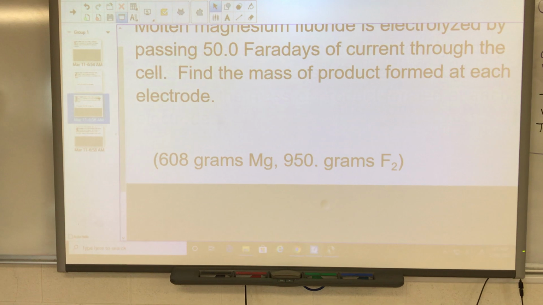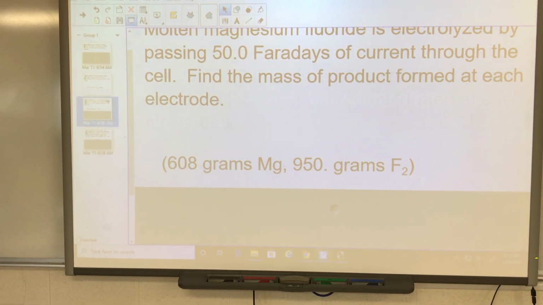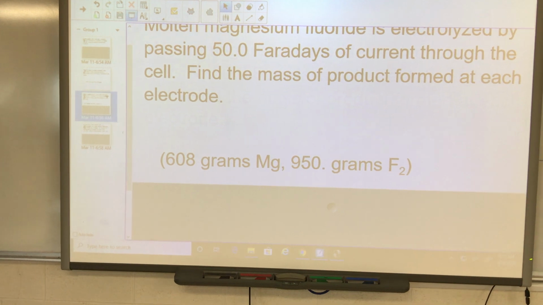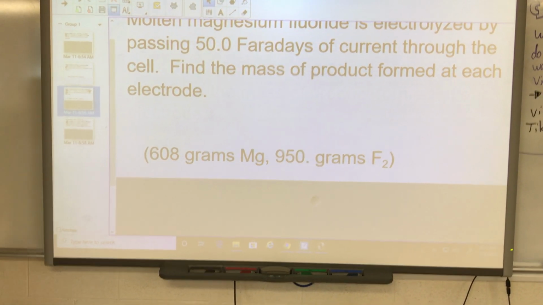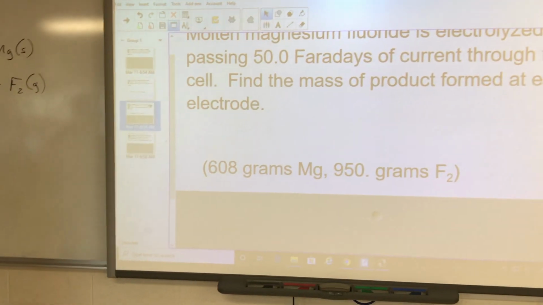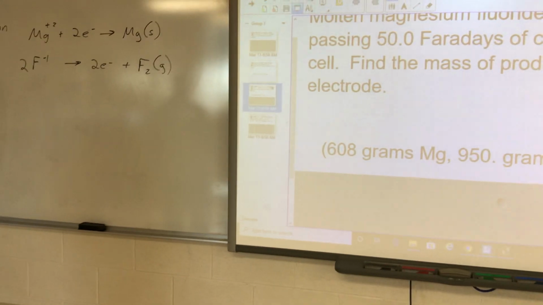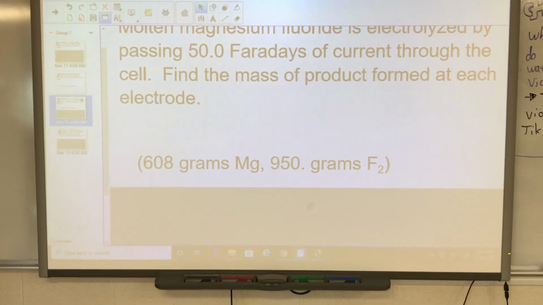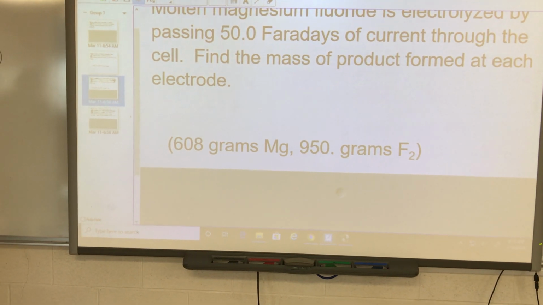And so these are the answers we got. About 608 grams of magnesium and about 950 grams of fluorine. Yeah, 50 Faradays is a huge amount of current that has passed through. And I would just remind you that in electrolysis, magnesium fluoride is a very stable ionic compound, so it wouldn't naturally break up into magnesium and fluorine.